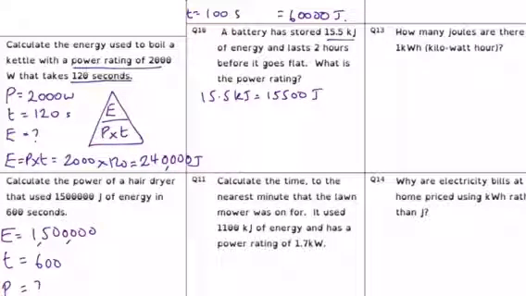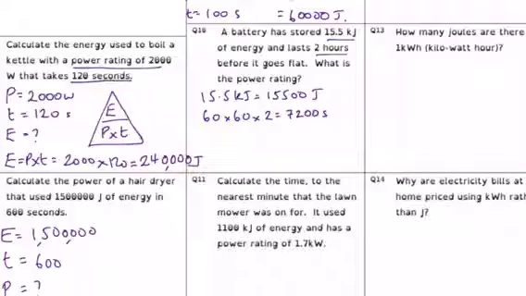And then time, we've got it in hours, but we would like that in seconds. So we know there's 60 seconds in 1 minute. We know there's 60 minutes in 1 hour, but we've got 2 of them. So the number of seconds, if you put it into a calculator or do it in your head, is 7,200 seconds.